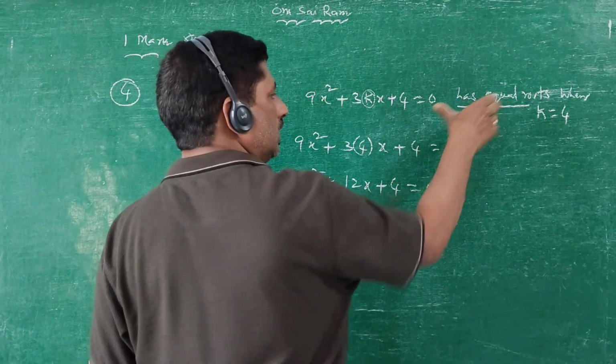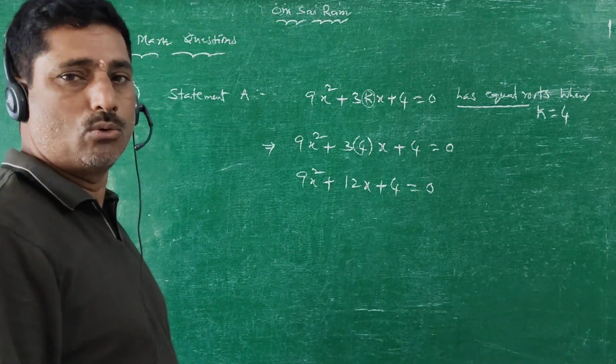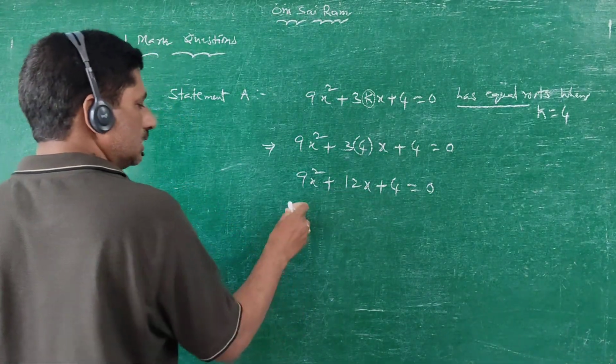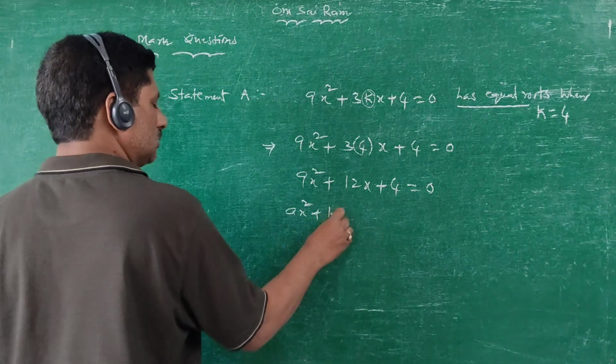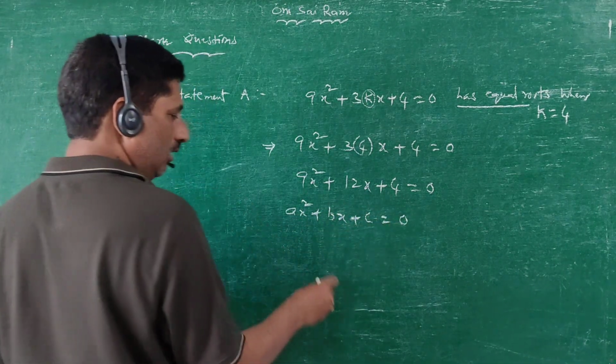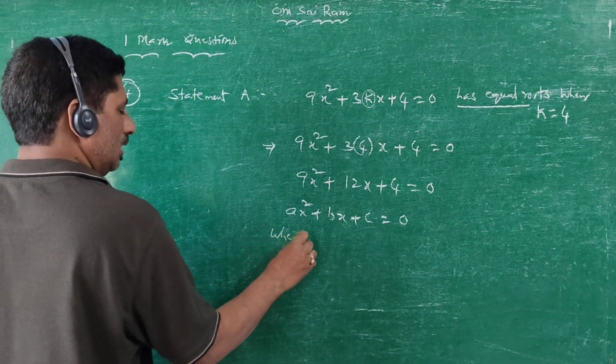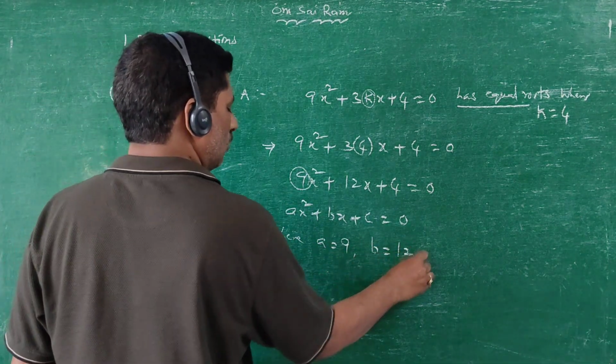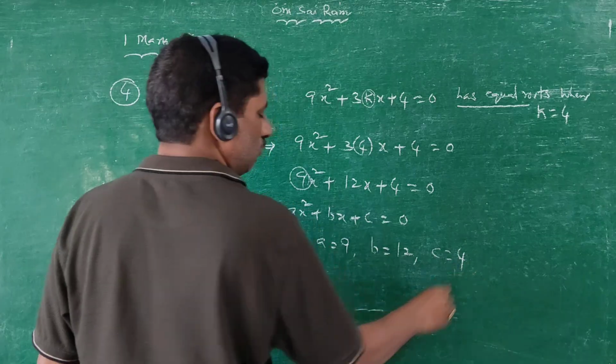When the words equal roots, or non-equal, distinct roots come, it is based on the discriminant. Now I compare this equation with ax square plus bx plus c equals 0, where a is equal to 9, b is equal to 12, and c is equal to 4.